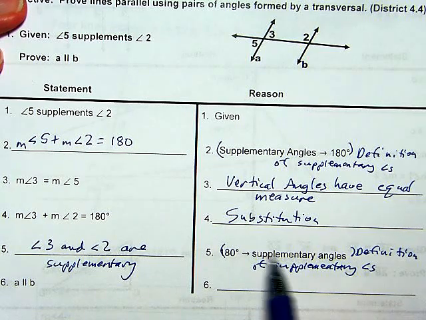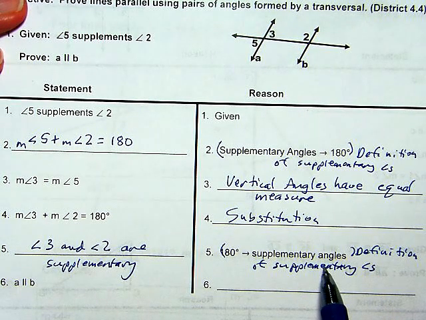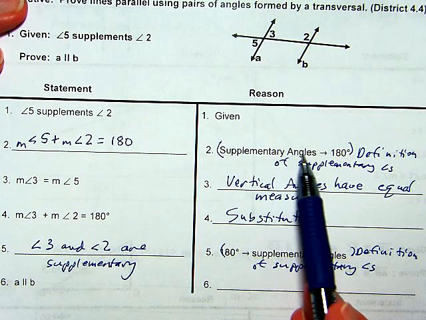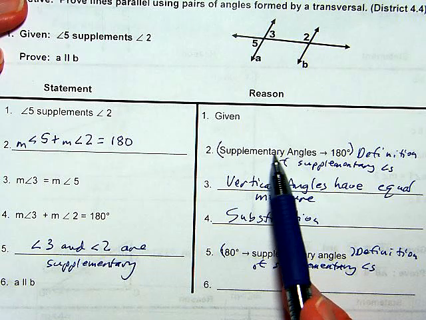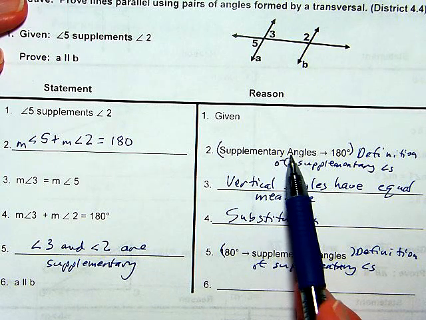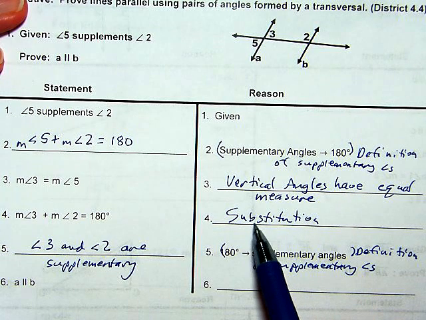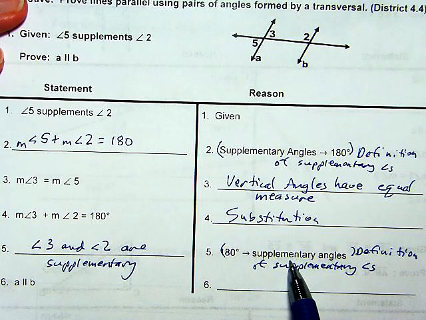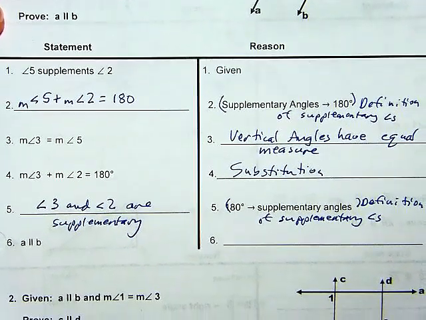Okay, so remember the definition of supplementary angles goes both ways. It's a biconditional statement. So it's an if and only if statement. So angles are supplementary if and only if their measures add up to 180 degrees, which means you can go from assuming they're supplementary to the fact that their measures add up to 180, or you could start with the fact that their measures add up to 180 and that therefore they're supplementary. So we can go both ways with that. As with all definitions, they're if and only if.